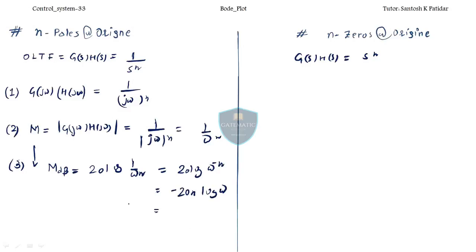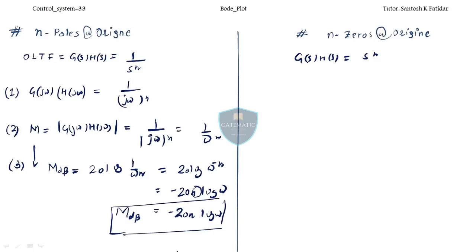So this magnitude is purely depending on the value of n and the value of omega. So this is minus 20n log omega. This is the relation between magnitude and number of poles at origin, isn't it?